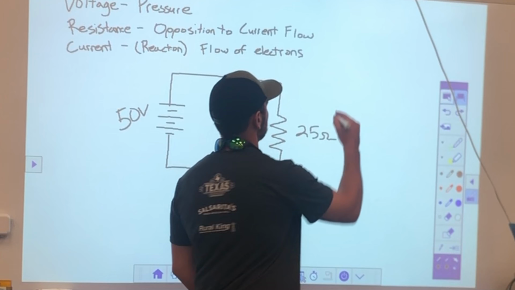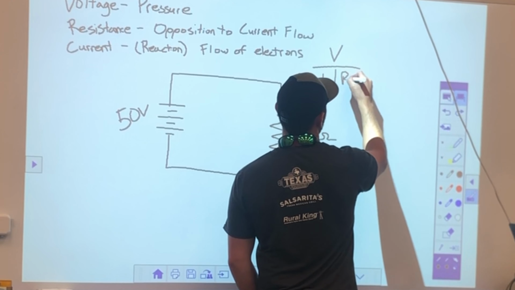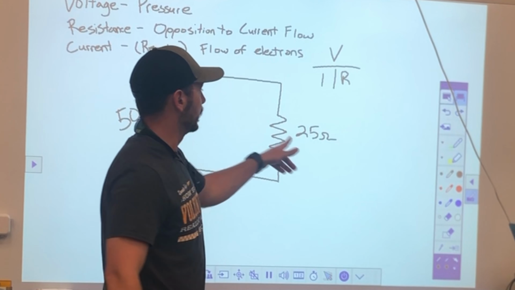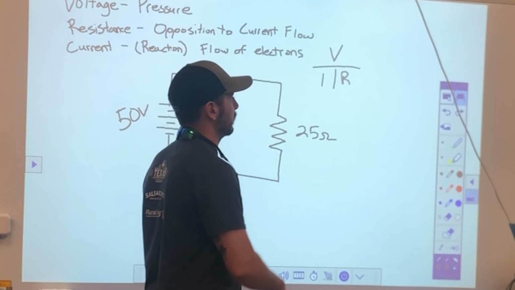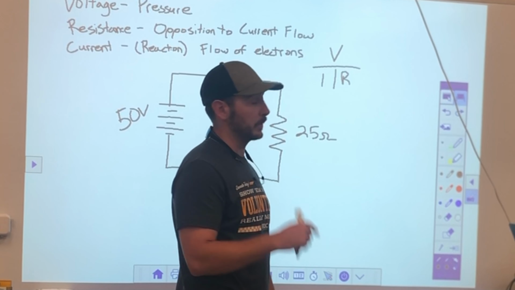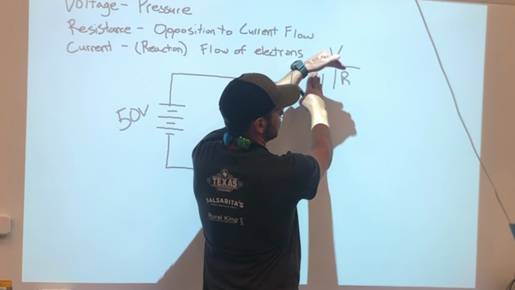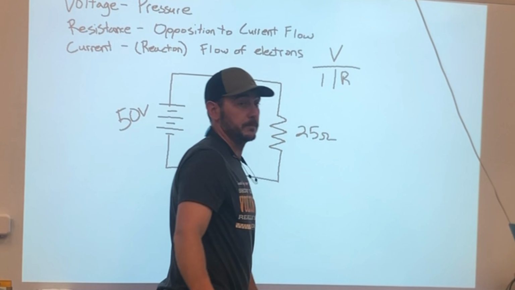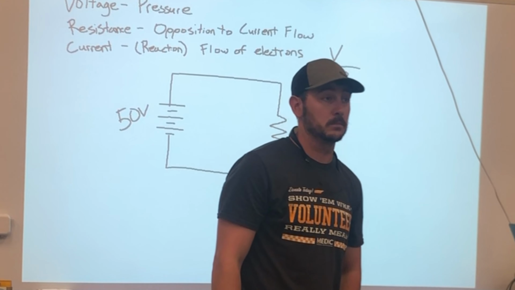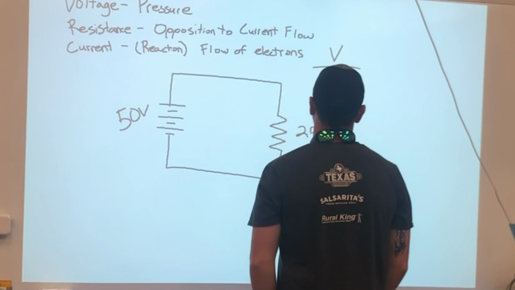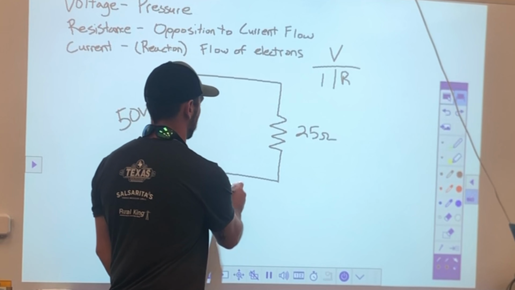Remember, Ohm's law, V equals I times R. We know the voltage, we know the resistance, and we can calculate the current. We're looking for current, right? Because we don't know it, we cover up the I. That tells us that voltage is divided by resistance. That'll give us current. All right? So what's the current? 2 amps. All right? Current flow.